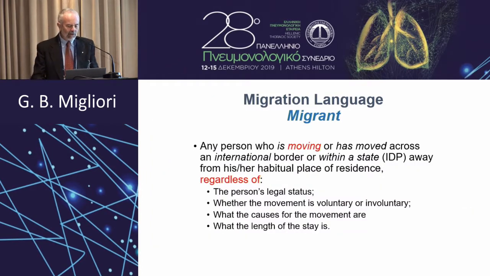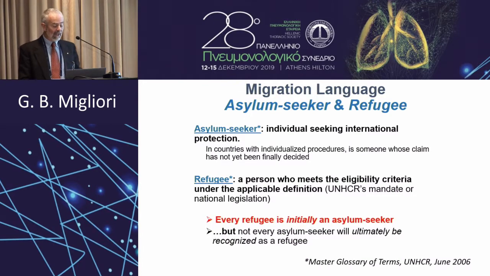In terms of language, a migrant is any person who is moving, regardless of the legal status, if it's moving voluntary or involuntary, which are the causes of it, and the length of stay. The asylum seeker is an individual seeking international protection, and the refugee is the person who meets the criteria.